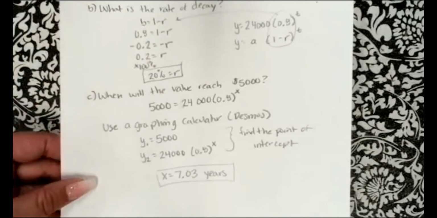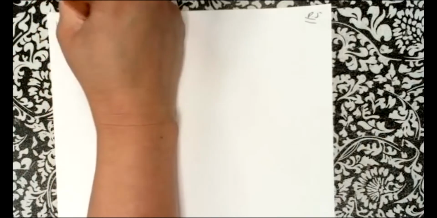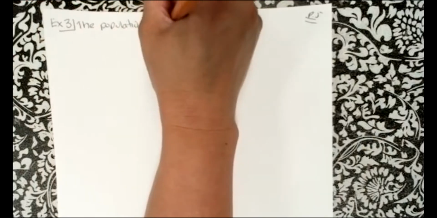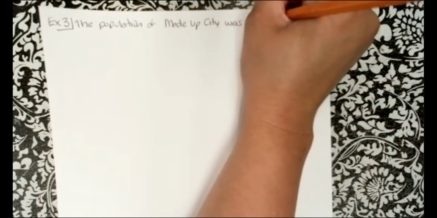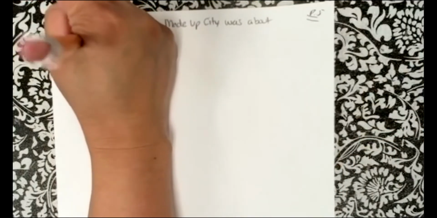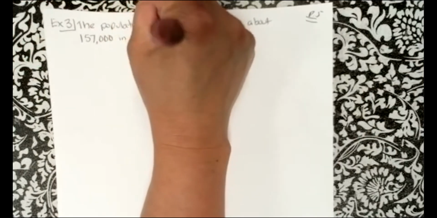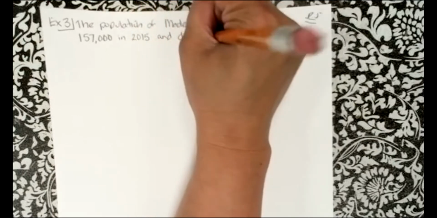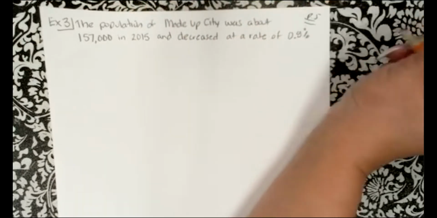All right, second to the last word problem. The population of made-up city was about 157,000 in 2015 and decreased at a rate of 0.8% per year.